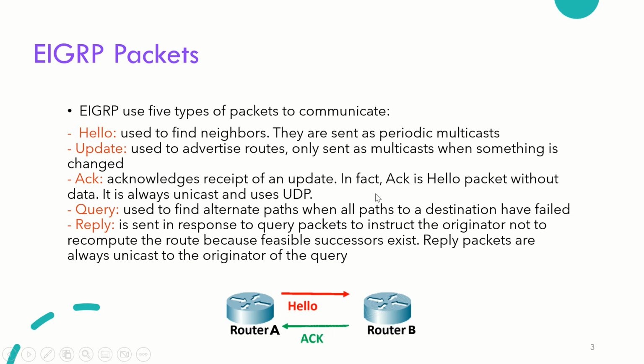After that, router A confirms it has received the update packets by an acknowledge message, or ACK. Router A will also send to router B all of its routing table for the first time and exchange its routing table.